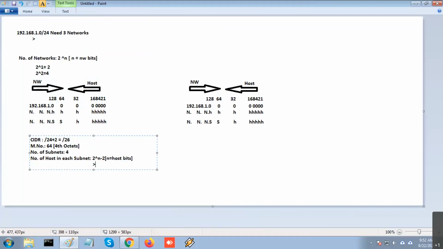So the answer is 2 power 6 minus 2, 64 minus 2, 62 computers or 62 hosts. Computers or hosts, all are the same. Okay. Then you know how to build the full range table. Correct? Yes, sir. Any confusion in this? No.